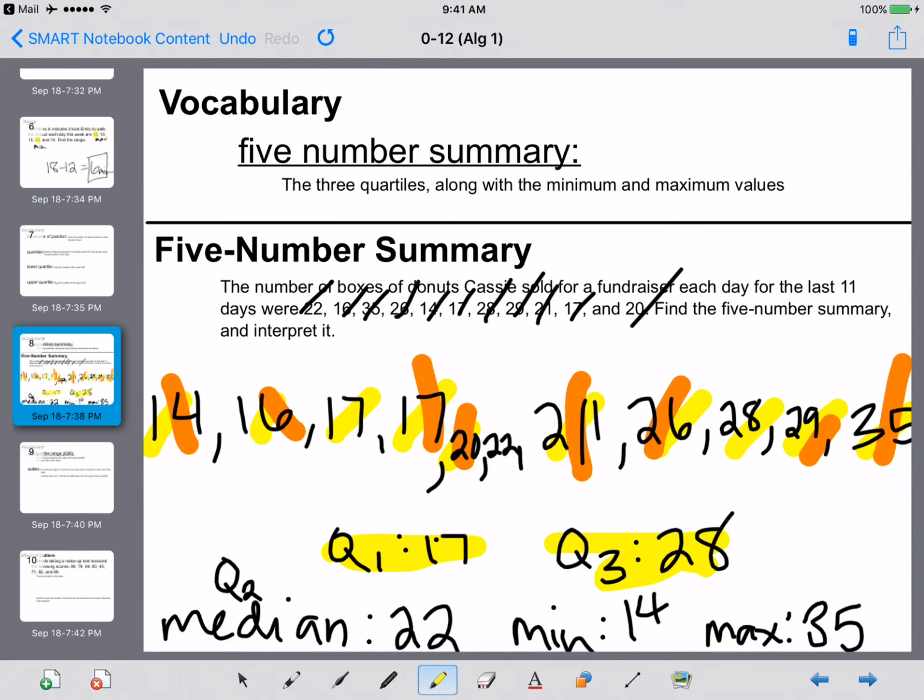So 75% of the time, he sold fewer than 28 boxes. 100% of the time, he sold more than 14 or less than 35. Okay, 50% of the time, he sold 22. So that's what our 5-number summaries tell us.